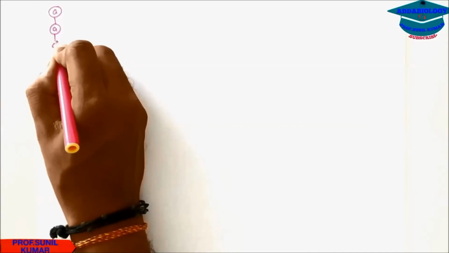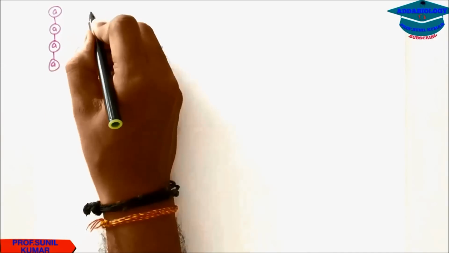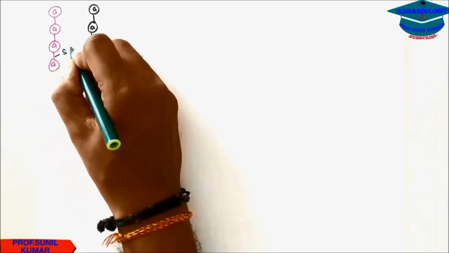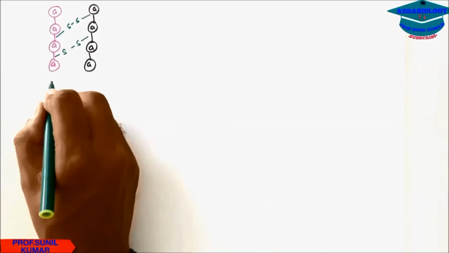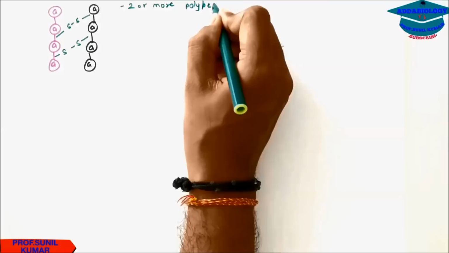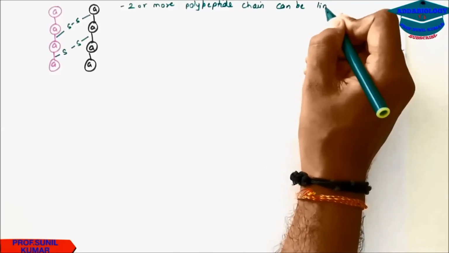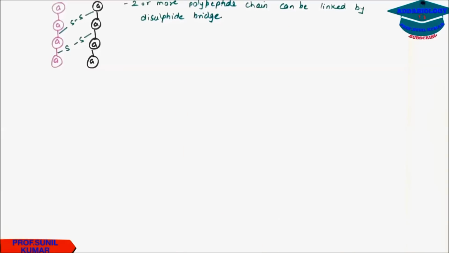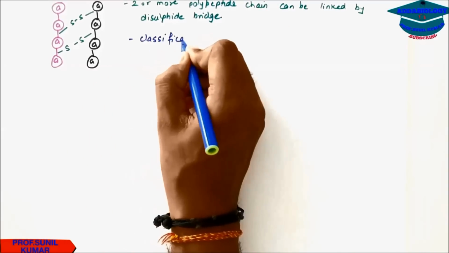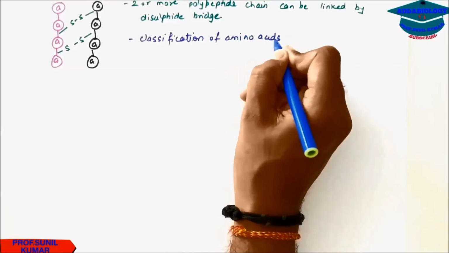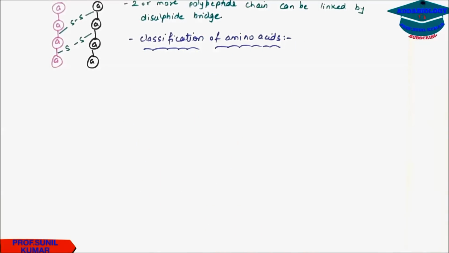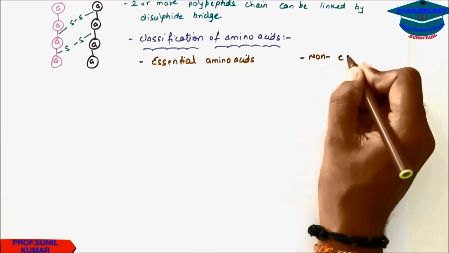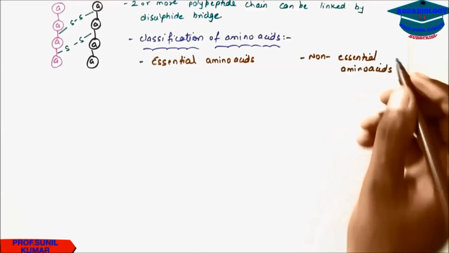Let us take two different amino acid chains, and if you want to link both chains, we need to link them by a disulfide bridge. Yes, this is where sulfur is used. So two or more polypeptide chains can be linked by disulfide bridges. When we classify amino acids, we classify them into two major types: essential amino acids and non-essential amino acids. Essential means not synthesized in the body and must be obtained from outside.